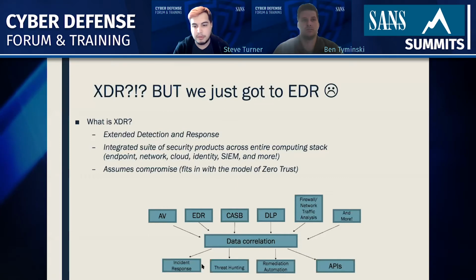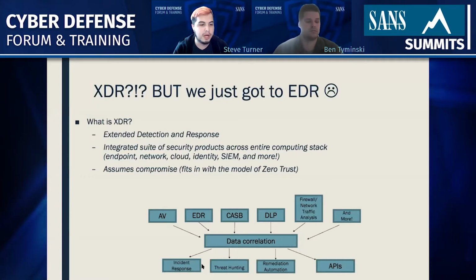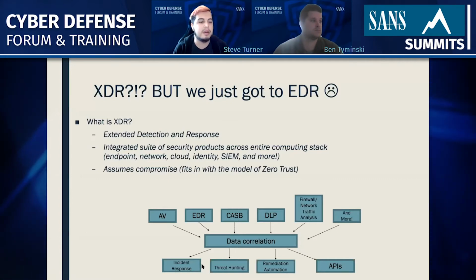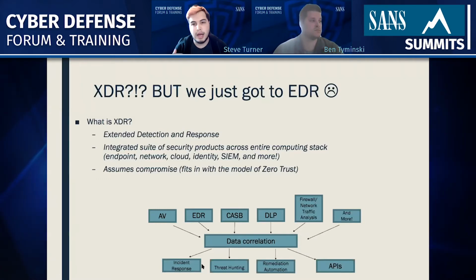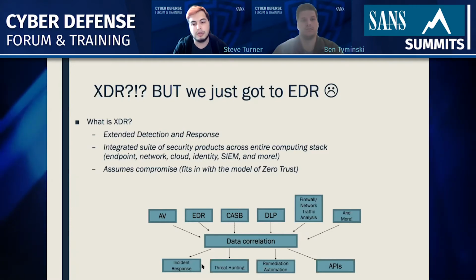Basically, think about all the various tools that you've implemented throughout the years, whether that be traditional AV, EDR, DLP, stuff within your network security stack for network detection and response, and slam it all together. Make it talk to each other, allow that data between all of those different things to be correlated and analyzed, and allow it to spit out alerts or detections across those various stacks.